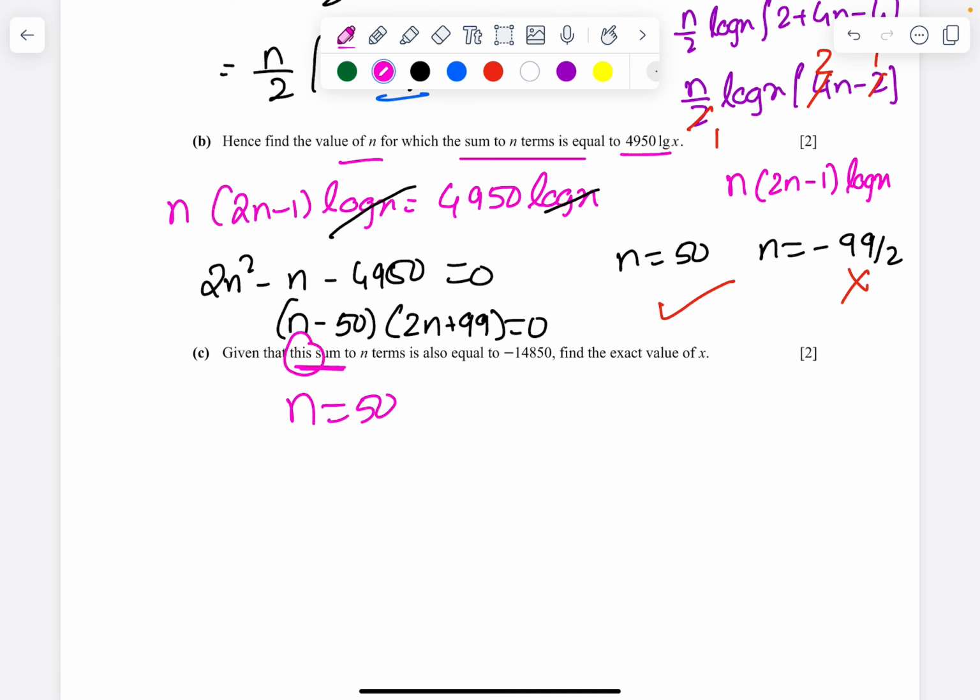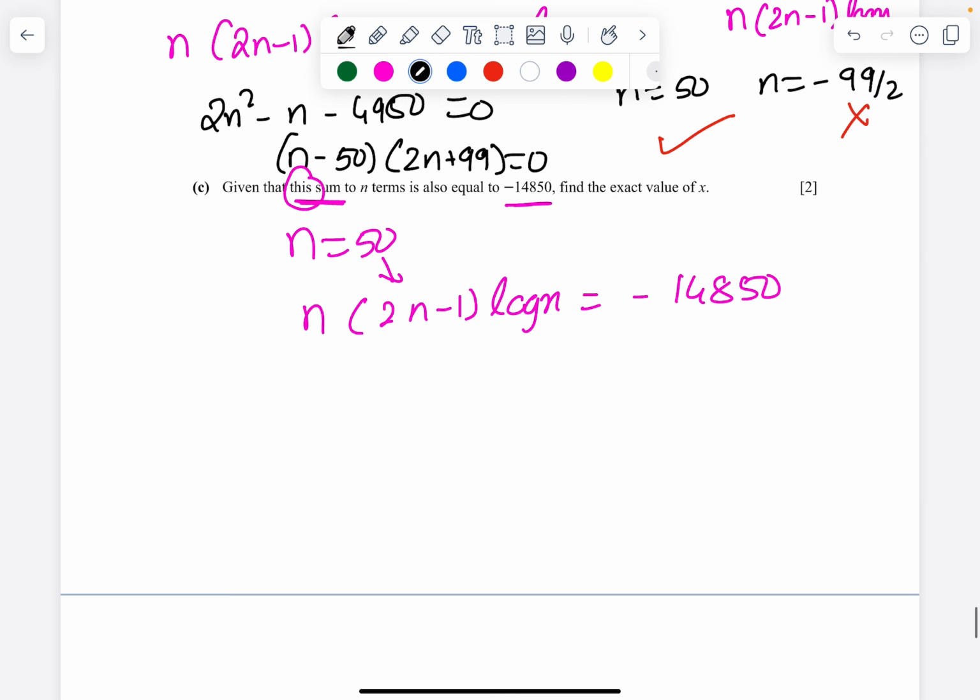Given that the sum of n terms equals minus 14850, n times (2n minus 1) log x equals minus 14850 when n is 50. So 50 times 99 log x equals minus 14850.